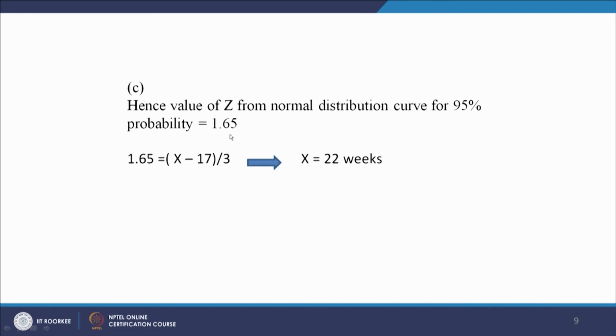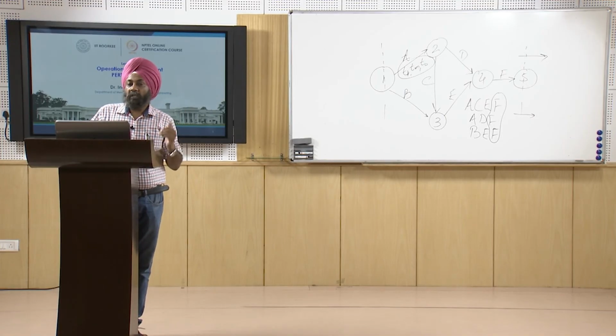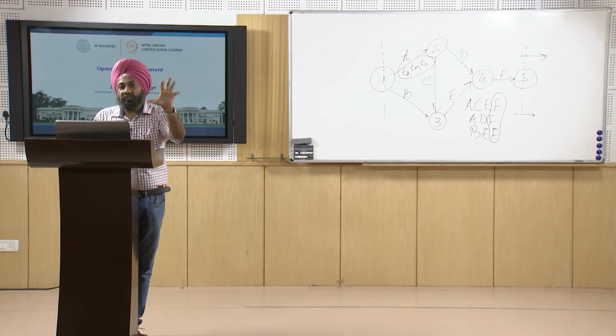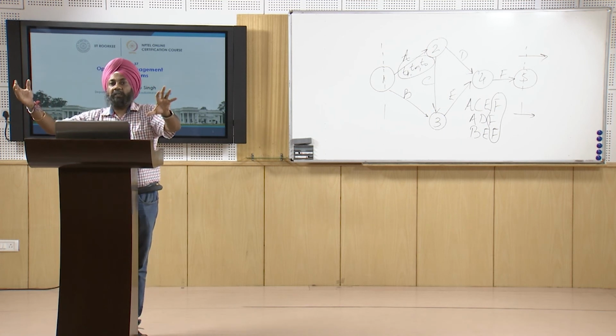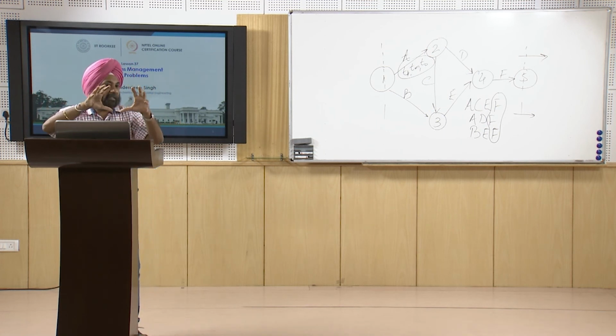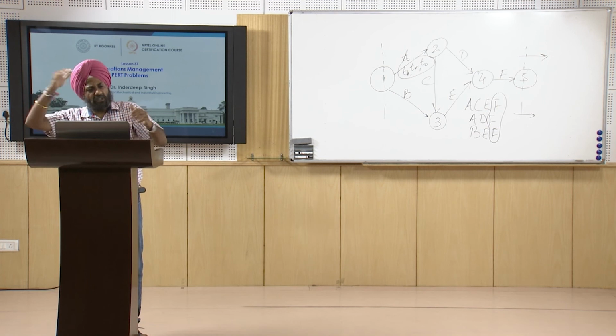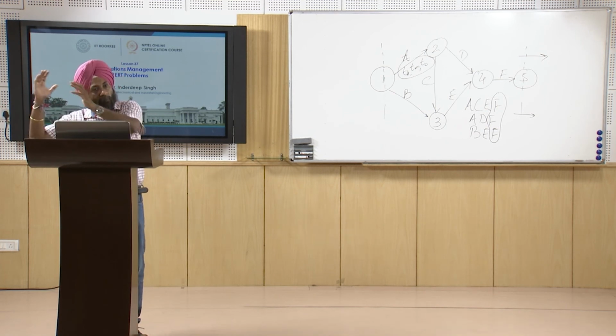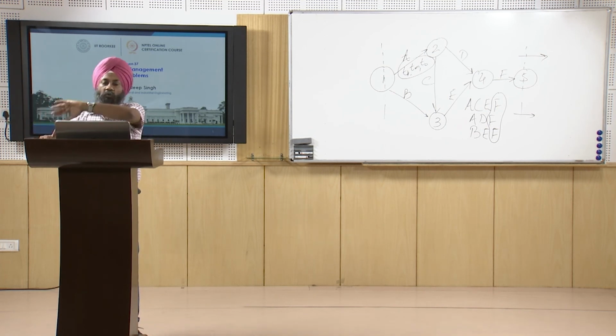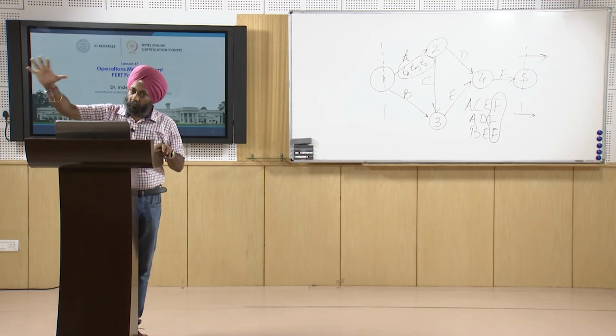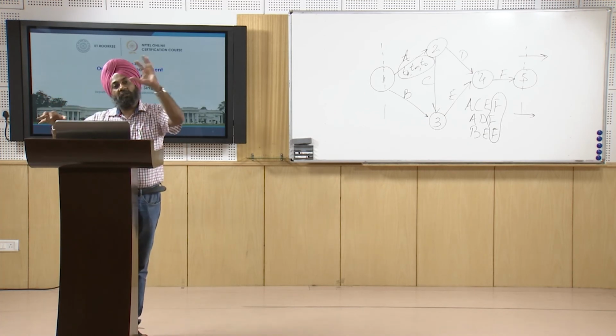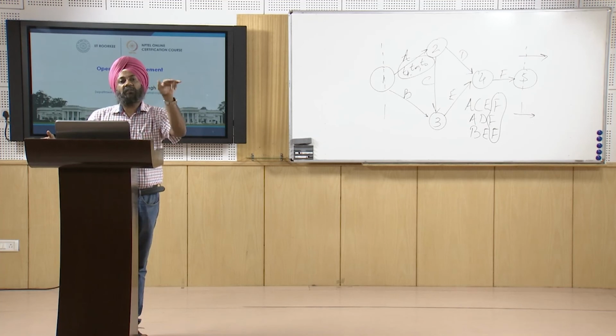In the previous two problems, A and B, we were calculating Z and then seeing in the table what the probability is for that Z value. Now here the probability is given to us, so we are doing the reverse calculation: what is the value of Z.